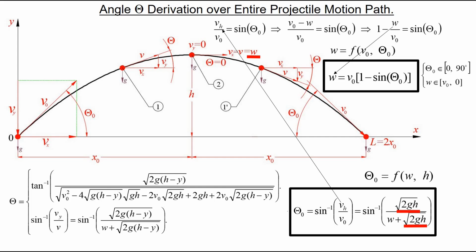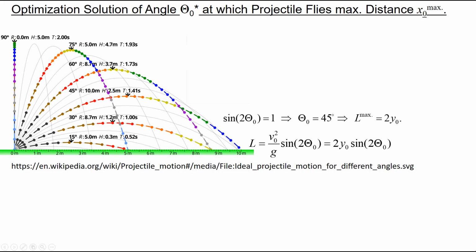Thus, it must sustain the quantity conservation condition too. Just a reminder that in present theory, the angle at which the projectile flies maximum distance is 45 degrees. Compared to the new theory, distance is wrong, but the angle is close enough to correct or not so far away from the 45-degree value.